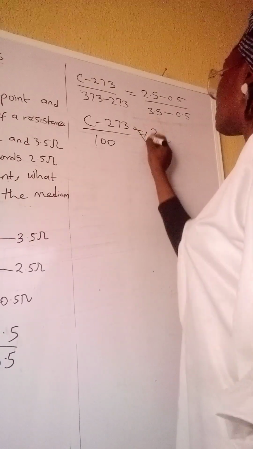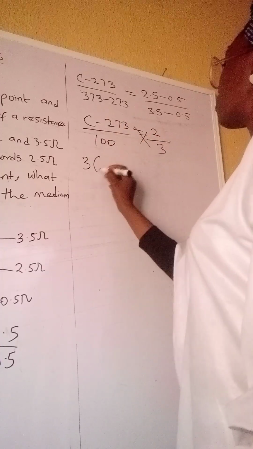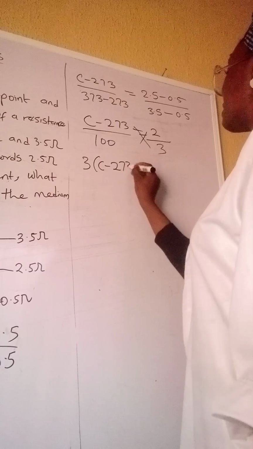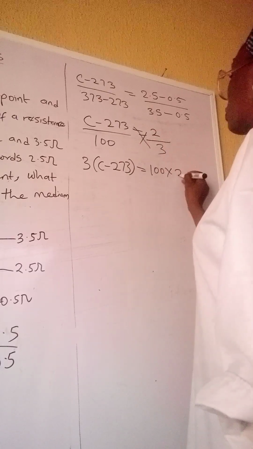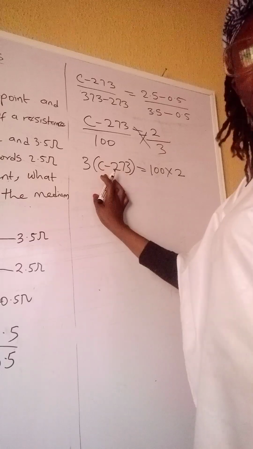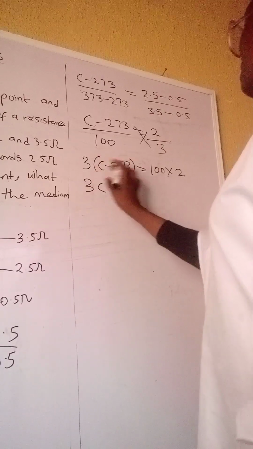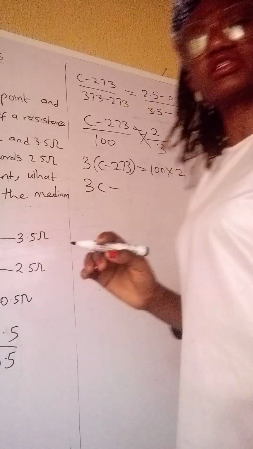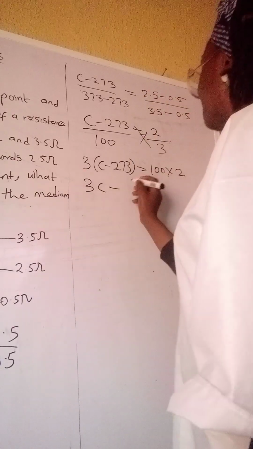If we cross multiply, this will multiply this. So let's put this in brackets so we don't get it twisted. This times this, 100 times 2, gives 200. This times this will give me 3C, then 3 times 273 will give us 819.